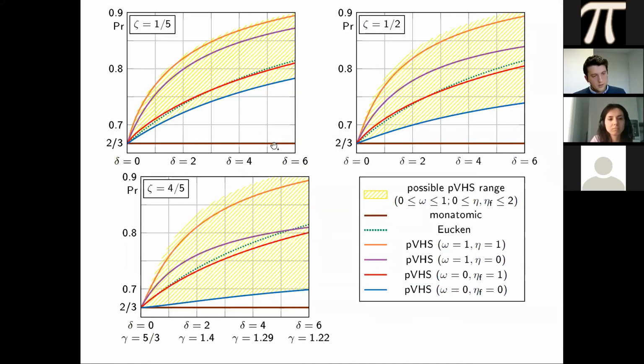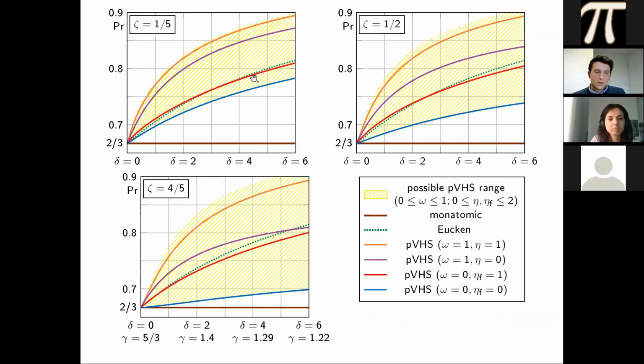Here I plotted this Prandtl number for different values of zeta over delta, and also for different parameters of omega, which is the ratio between frozen and non-frozen collisions, and eta frozen.